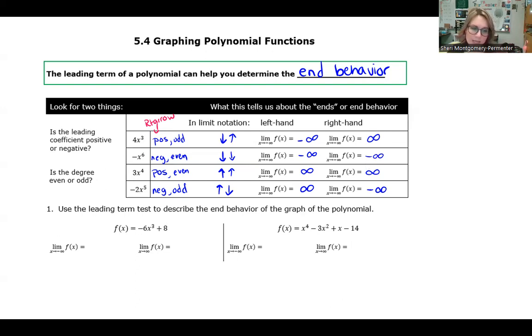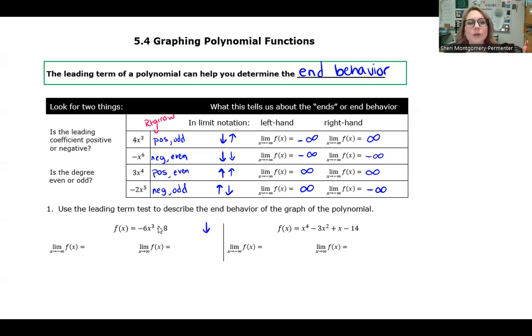For question number 1, it says use the leading term test. We just used the leading term to figure out which way the arrows go to answer the limit question. We're going to do the same thing. So for this one, is this one positive or negative? Negative, so I know I'm going to point down.